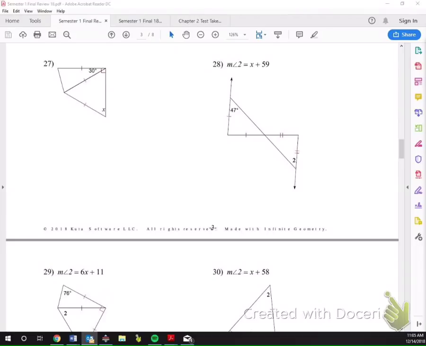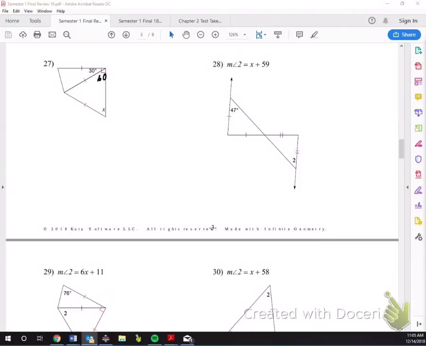So here, same general idea. For number 27, 28, we're going to bump up the difficulty a little bit. So 27, if that's 30, notice I don't need to find the other ones because that 30 is part of a right angle, which means the other part is 60 degrees.